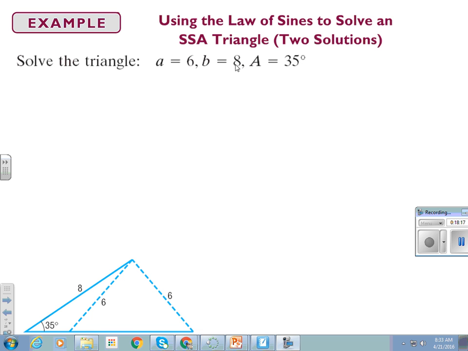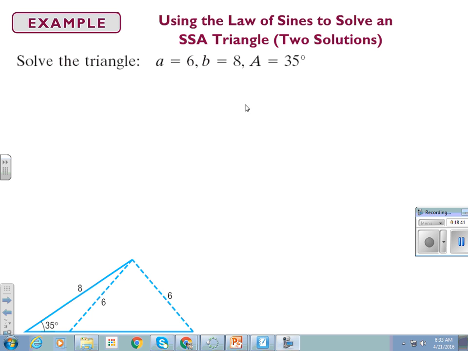In this case, B is greater than A, and we look at B sine of angle A. So I'm going to do 8 times sine of 35, and I get 4.59. So 4.59 is less than 6.